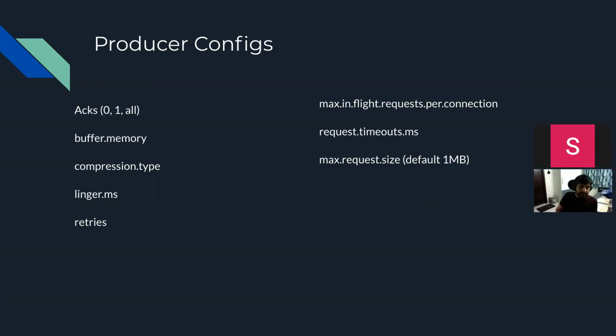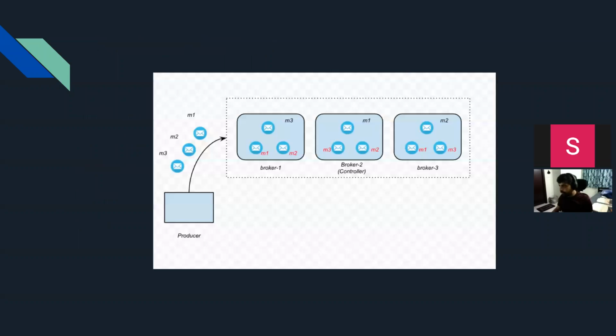And all says, when you are pushing a message to the broker, till all. So basically there is a concept of ISR. I know I haven't discussed it much in detail. It stands for in-sync replicas. Whenever a broker is running, and if you remember from our previous diagram, if we push a message and let's say it goes to broker 2, real-time syncing happens if your replication factor is 3, let's say.